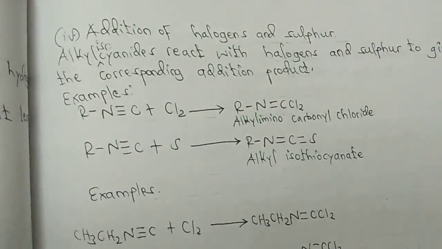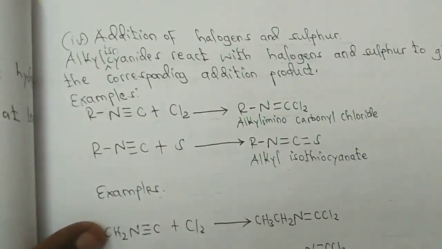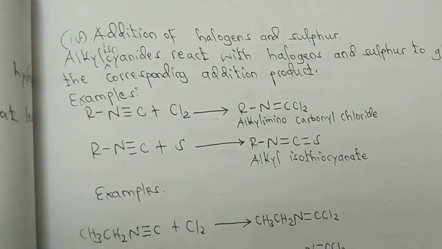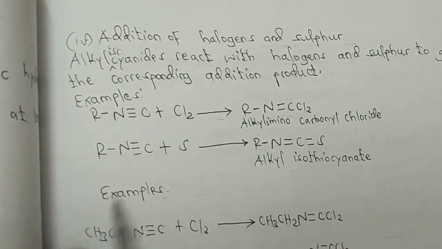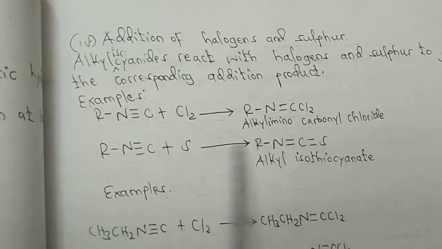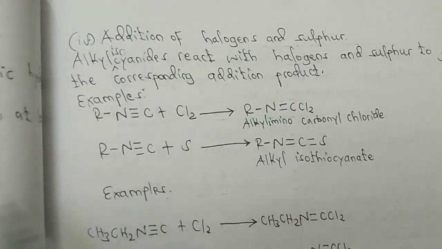Addition of halogens and sulfur. Alkyl isocyanide react with the halogens and sulfur to give the corresponding addition product. Tunapata corresponding addition product, unaona. They react with halogens and sulfur. So bondi moja inavunjika, tunapata pale kwa mfano chlorine wawili pale, bondi moja imevunjika.